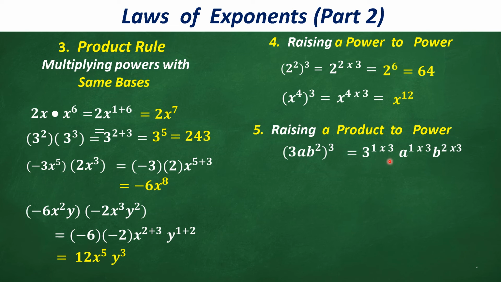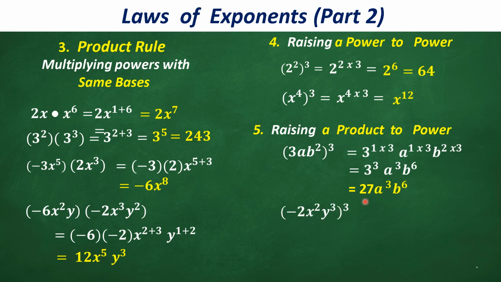Copy the base a, 1 times 3, then copy the base b, 2 times 3. So we have now 3 raised to the 3rd power, a to the 3rd power, and then b to the 6th power. And then let us now simplify 3 raised to the 3rd power. Always remember na ang final answer ninyo ay dapat ay naka-simplified form. So we have now 27 a to the 3rd power and b to the 6th power.